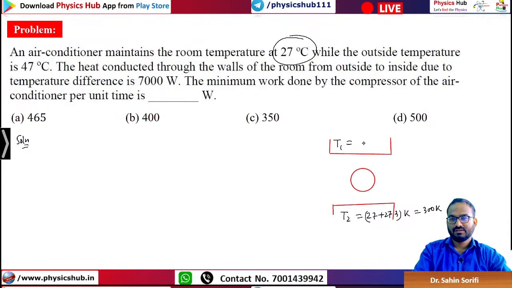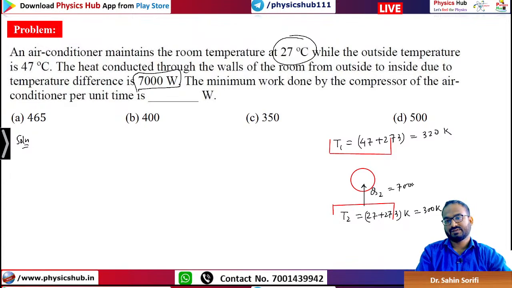So, here T1 is 47 plus 273, that is 320 Kelvin. The heat conducted through the walls of the room from outside to inside due to temperature difference is 7000 watt. 7000 watt means here heat is coming at the rate of 7000 joule per second.